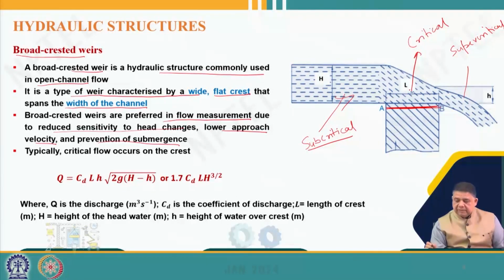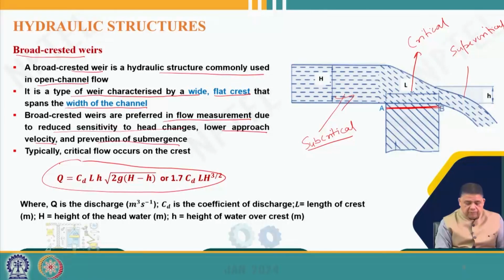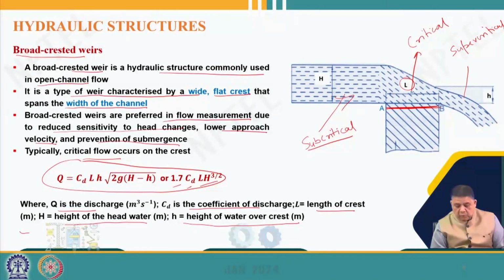So, that critical depth basically we measure here on the crest, and this is the formula which can be used for critical flow because the critical flow occurs. In that case, if we measure the critical depth, this is the discharge equation we can use, that is Q = 1.7 C_d L H^(3/2), where Q is the discharge, C_d the coefficient of discharge, L is the length of the crest which we have seen here, and H is the height of the headwater and small h is the height of the water over crest.